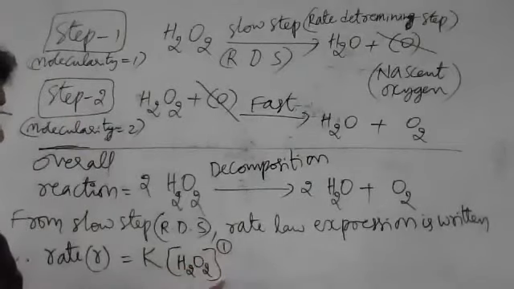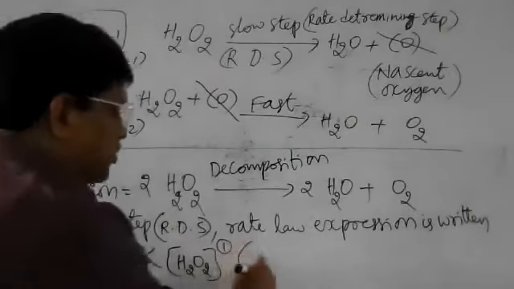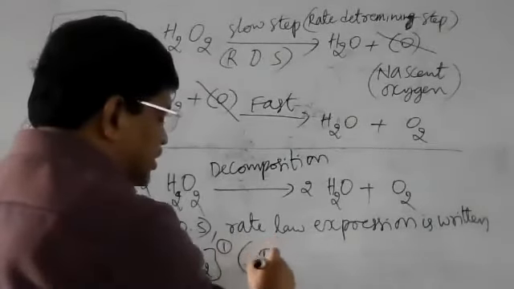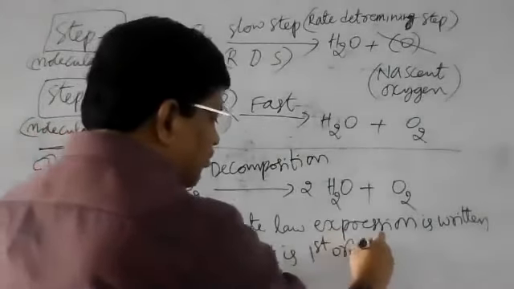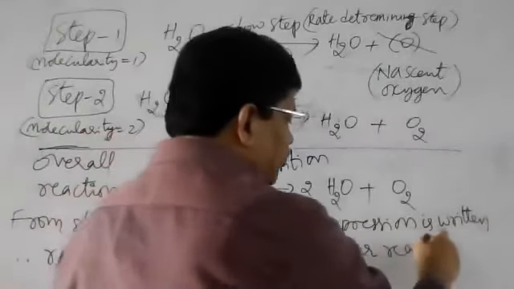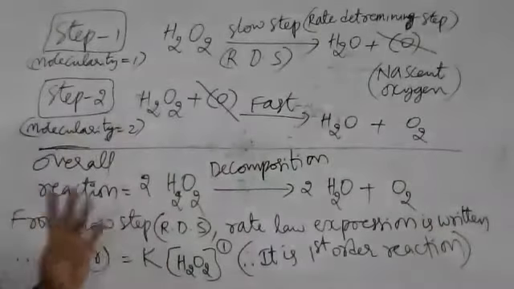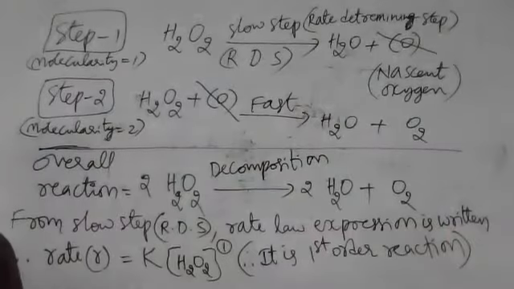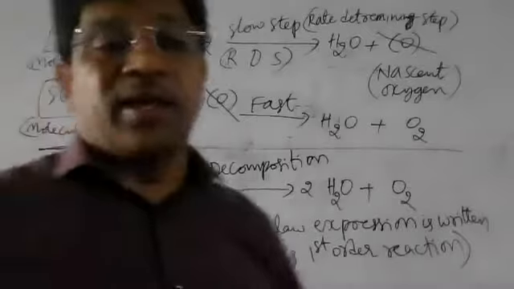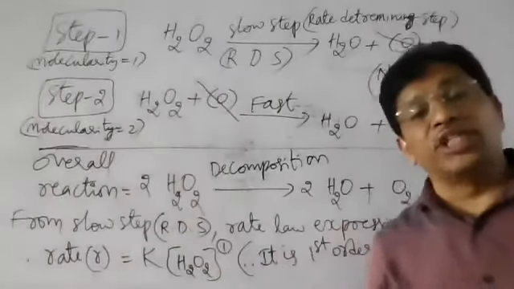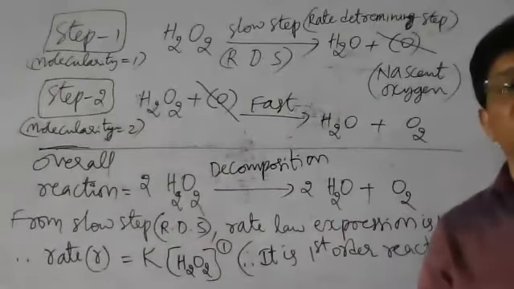That's why what is the order of reaction? First order reaction. That means we say the decomposition of H2O2 follows or shows first order kinetics. This reaction shows which order kinetics? First order kinetics. That point you have to understand.